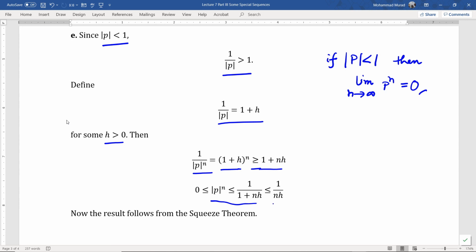Now, since this sequence approaches 0, and the absolute value of p to the n is larger than 0, so this is the constant sequence, which is also approaching 0, so the result follows from the squeeze theorem. This concludes the proof of the statement E.